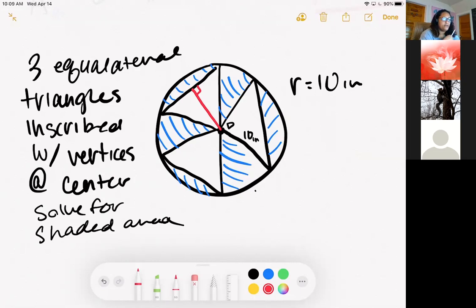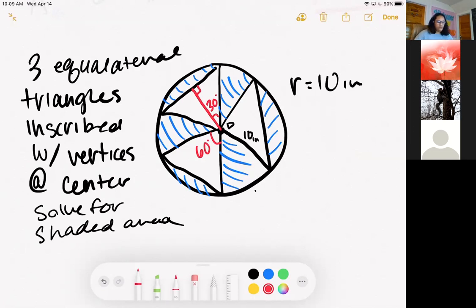Anyone have any ideas how to find the angles from the center? Is it 60 and then you have to divide by 2 to get 30? Why is it 60 degrees? Because it's an equilateral triangle and all angles in an equilateral triangle are congruent. Correct. Awesome. So 1/2 of that will be 30 degrees, right?